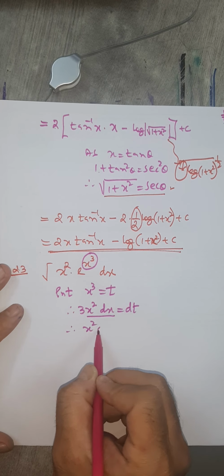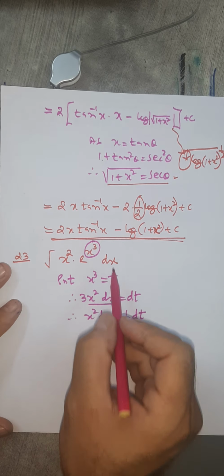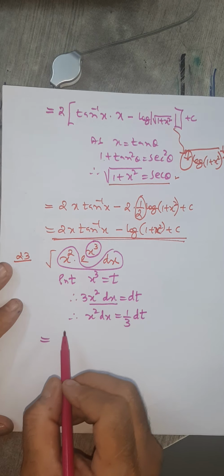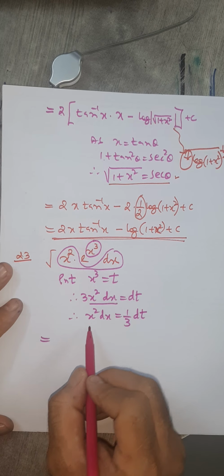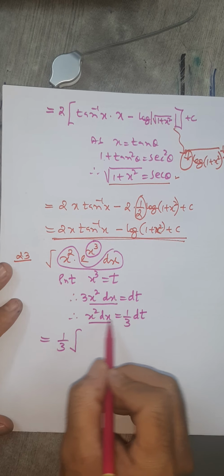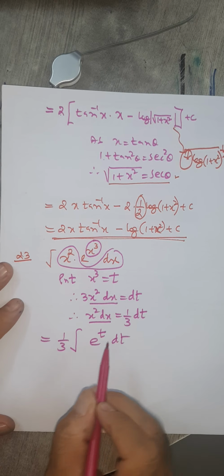So therefore x squared dx equals to 1 by 3 dt. So this becomes dt. One by 3 I'll keep outside. This is dt and this is e raised to t.